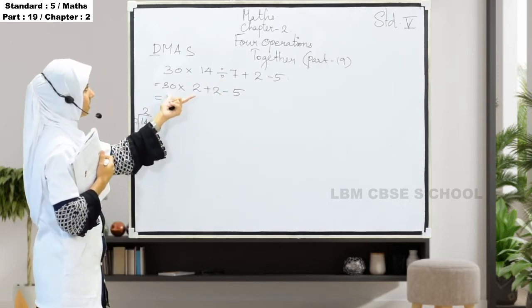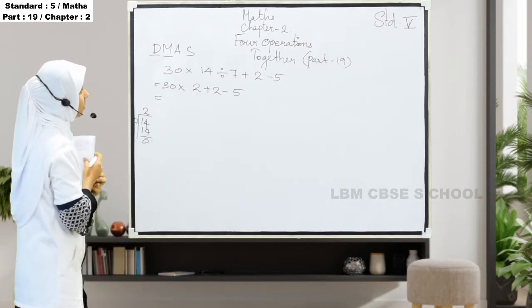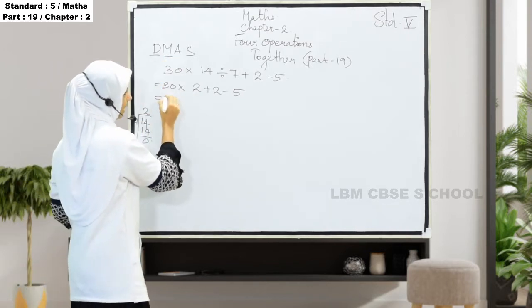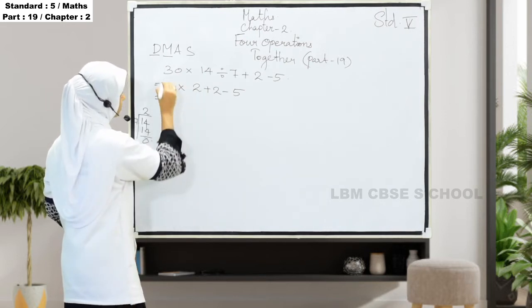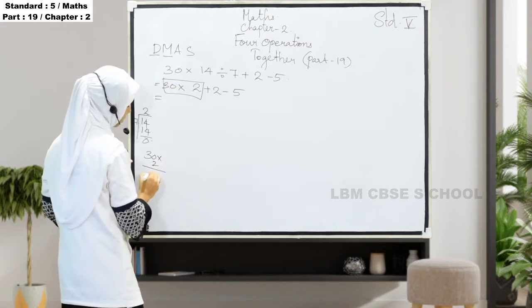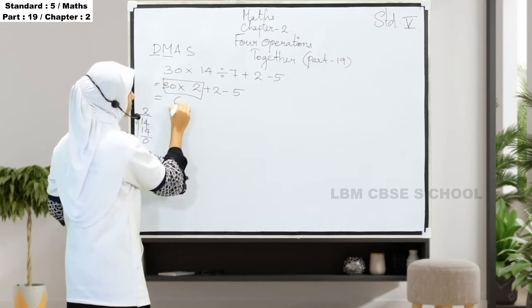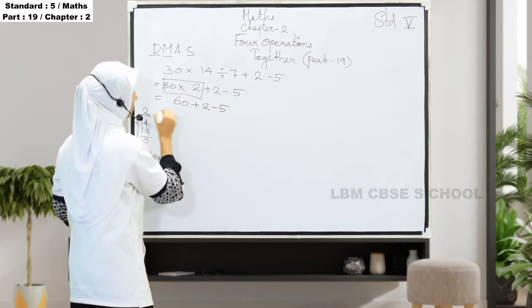Then the next one is what? M is here, that is multiplication. We have to multiply these two numbers, that is 30 into 2. Multiply this one, 30 into 2, that is 60, you got 60.